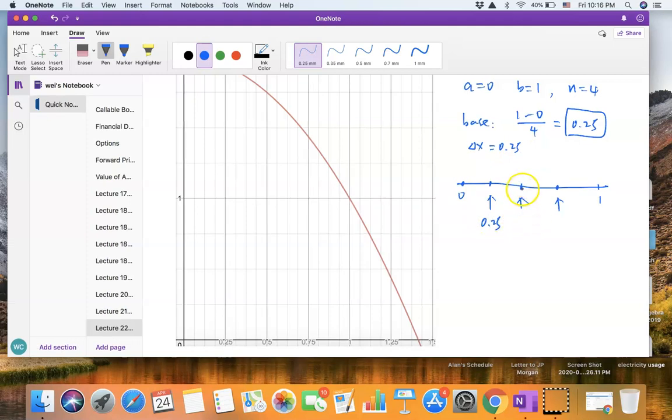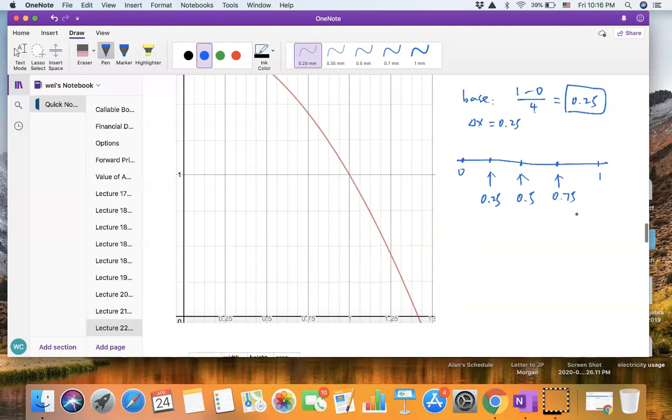The difference between the third point and the second point again is 0.25. So we add 0.25 to 0.25, and this is 0.5. And the next point we add 0.25 to 0.5, so that's 0.75.